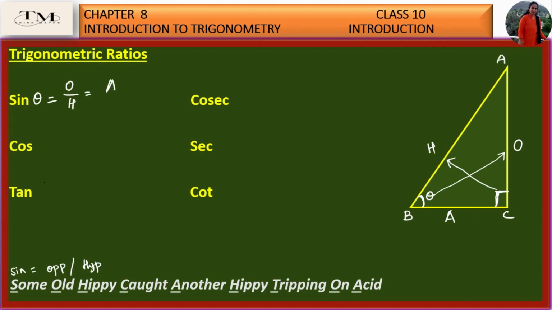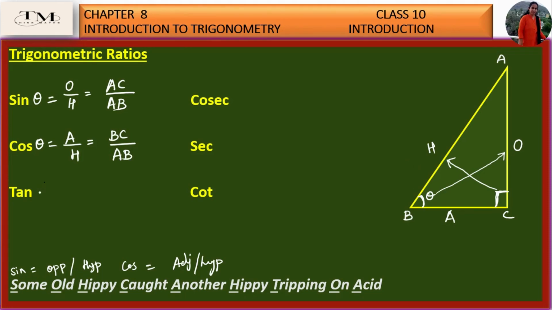AC. AC by who is H? It is AB. Cos theta is equal to, so C stands for cos, which is equal to A. So A stands for adjacent and H stands for hypotenuse. So it is A by H, which is the adjacent side, BC, by hypotenuse AB.